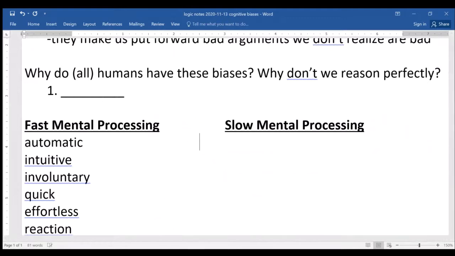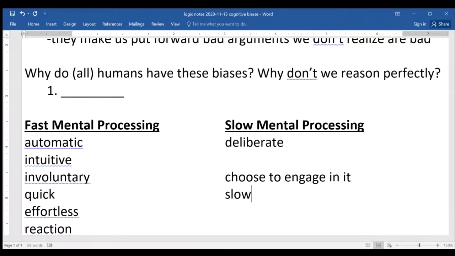Slow processing, on the other hand, is not automatic at all. It's effortful. It requires a lot of painstaking, deliberate process. So it requires some sort of choice. It's deliberate. Rather than intuitive, it requires mental effort. Rather than being involuntary, you can choose to engage in it. Rather than being quick, it's slow.